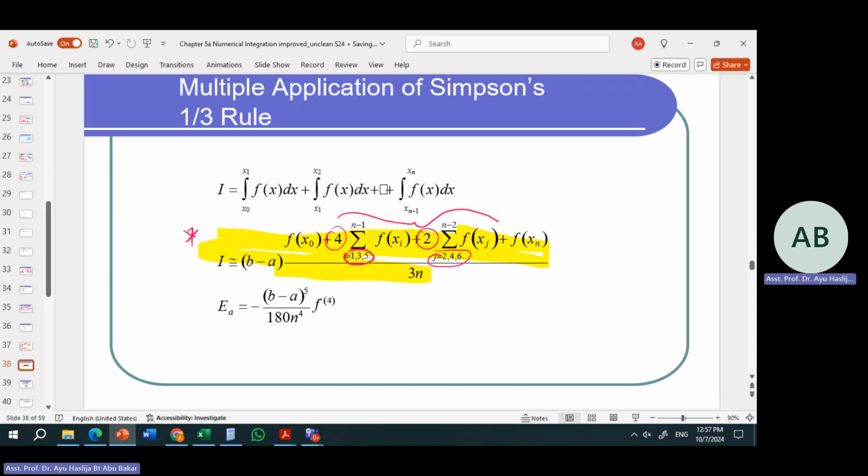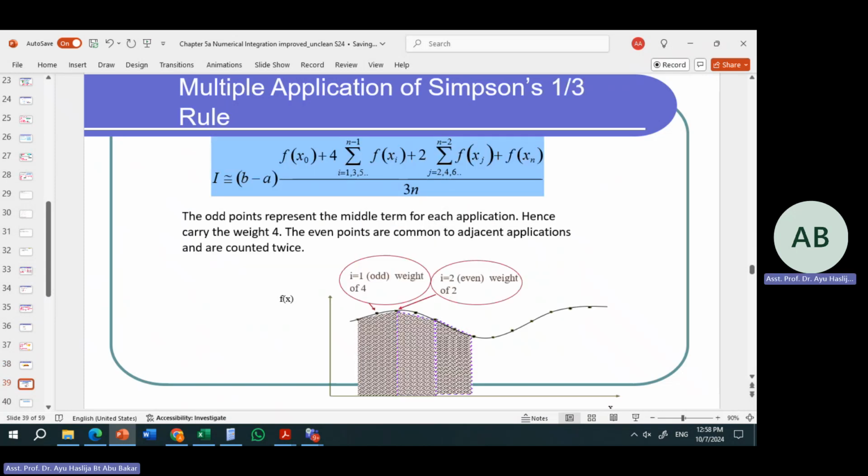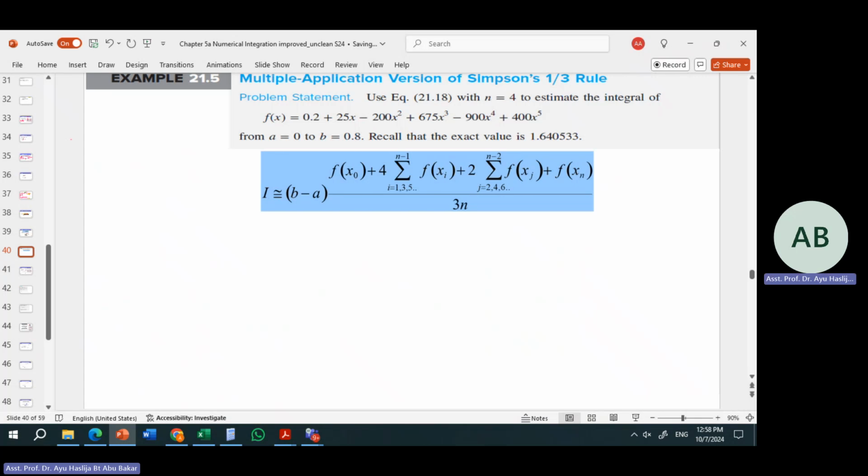Okay, we try one example. I extracted this from the textbook. It asks you to use the multiple application equation with n equals 4, to estimate the integral of this function from 0 to 0.8.